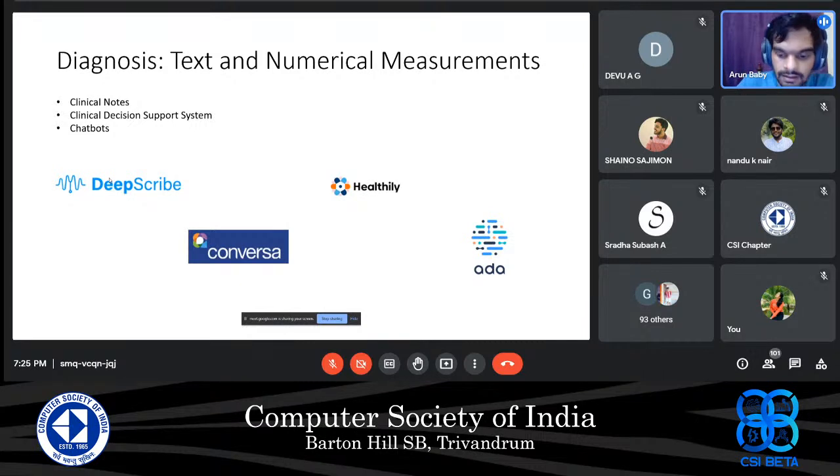Similarly, chatbots are a more upcoming area where a lot of interest is there for medical applications. Companies like Conversa, Healthily, and ADA are developing chatbots.